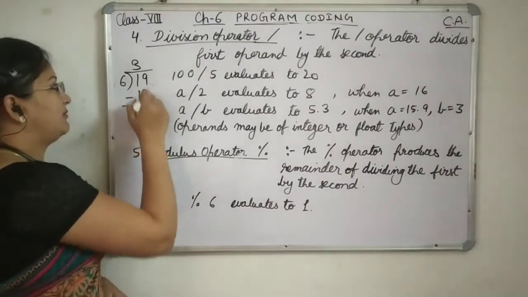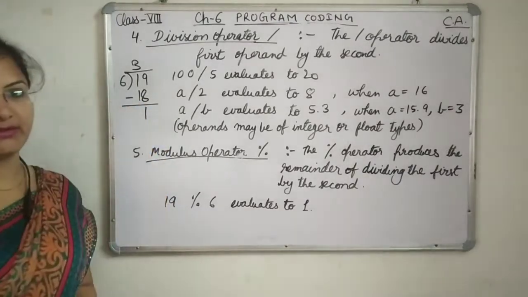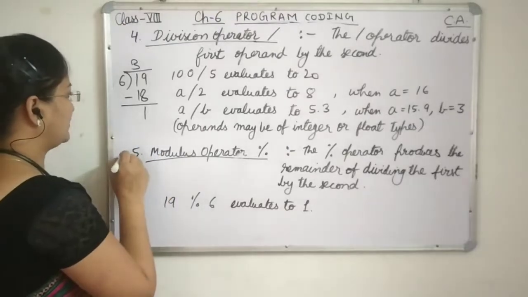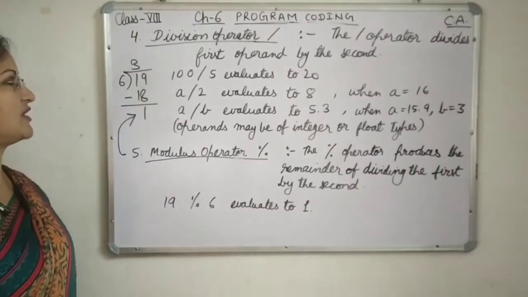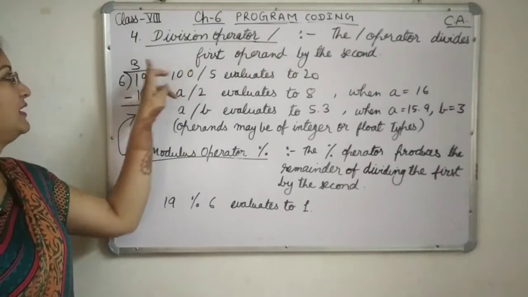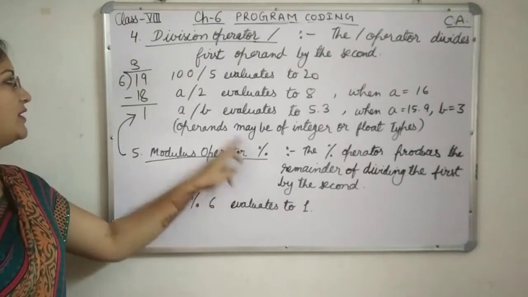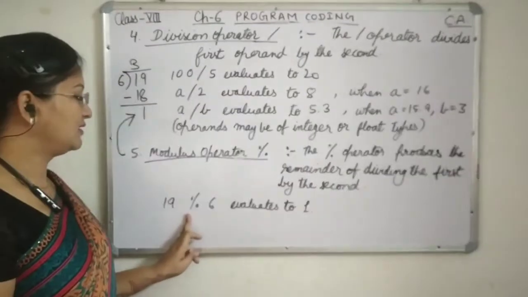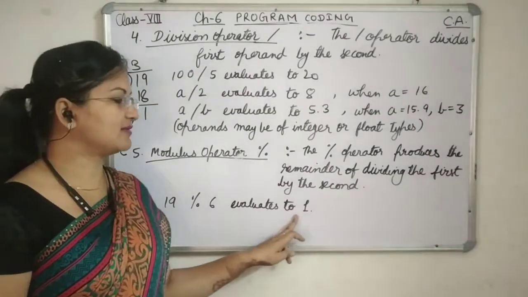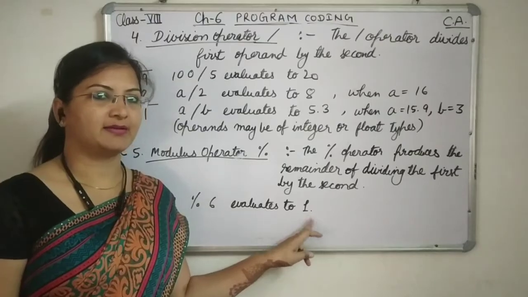And the remainder will be 1. In modulus we have to write the remainder, not the quotient. So the division operator gives the quotient and the modulus operator gives the remainder. So the answer for 19 modulus 6 is 1.